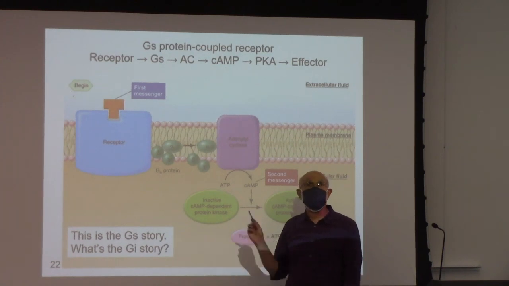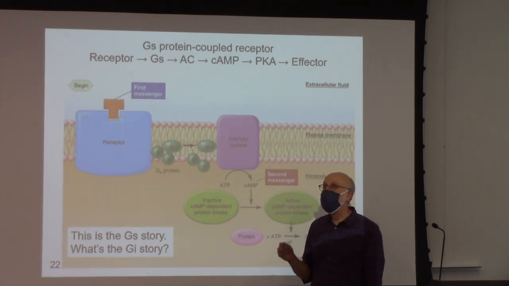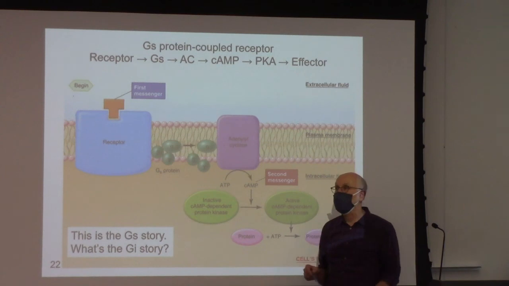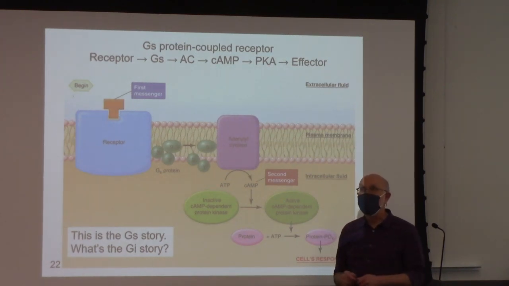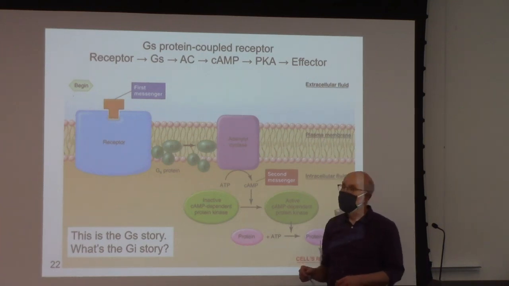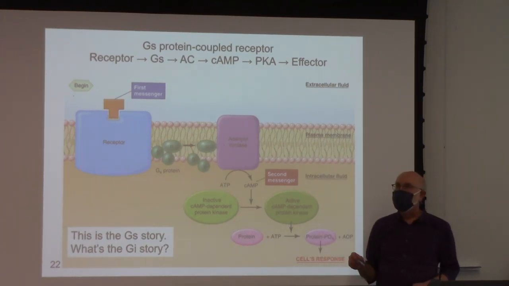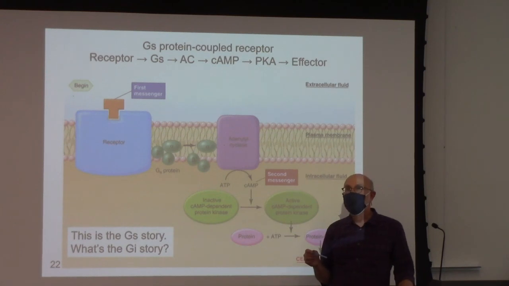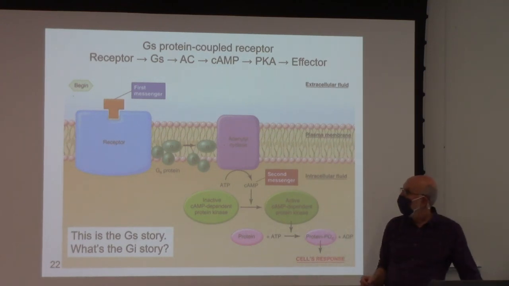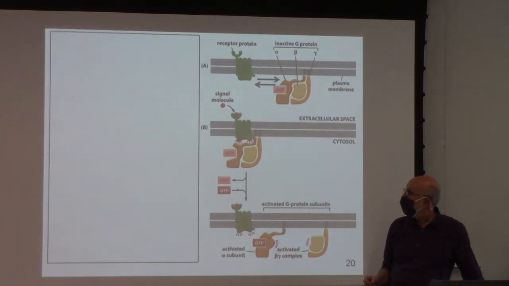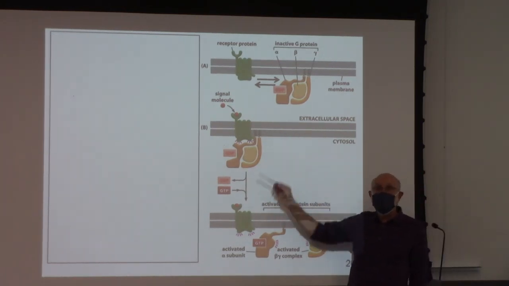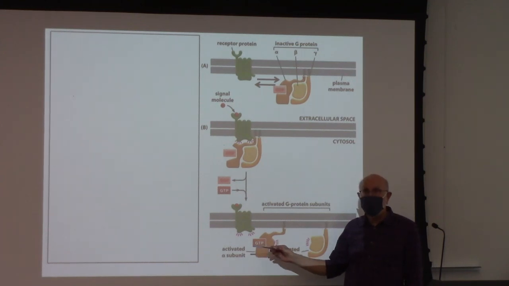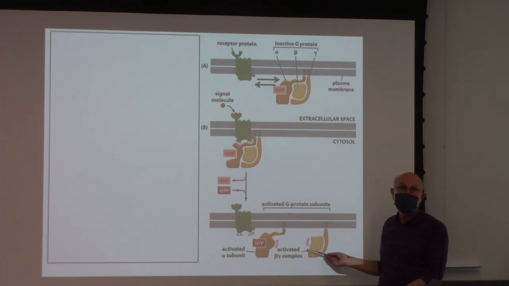Gi, which is different, and Gq, which you didn't learn about in cell phys, but some of you learned about in A&P 2. So this story is the same for Gs, Gi, and Gq. Up to this point, it's the same.